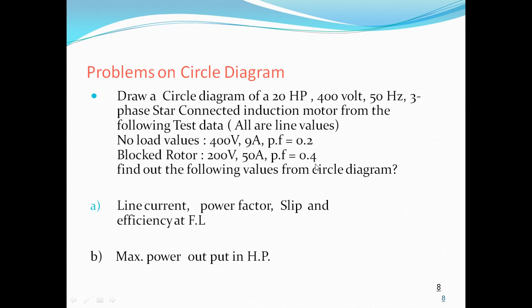So from this, phi s is cos inverse of 0.4, and then you can get the angle value. From this, calculate line current, power factor, slip, and efficiency at full load. And next, maximum power in HP.